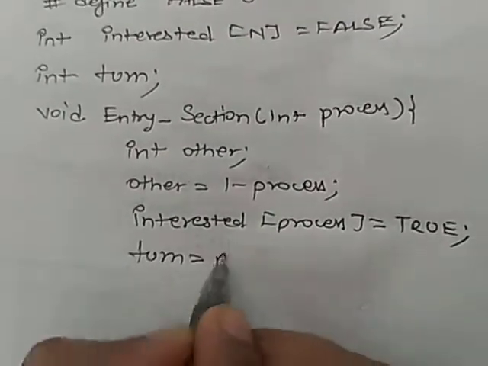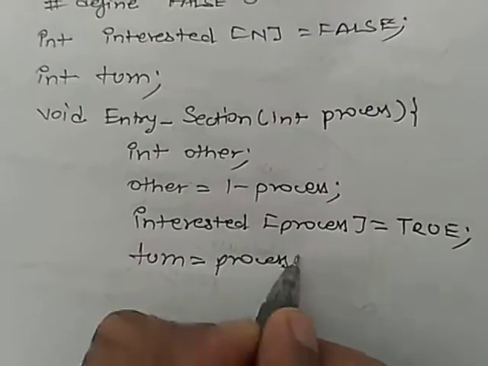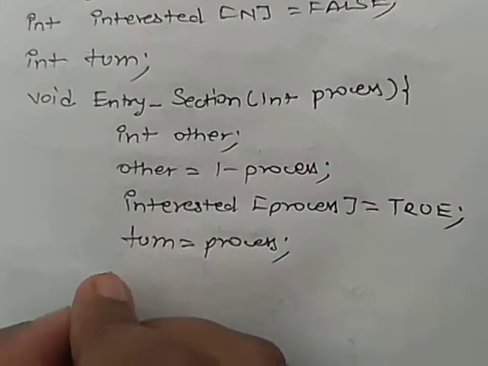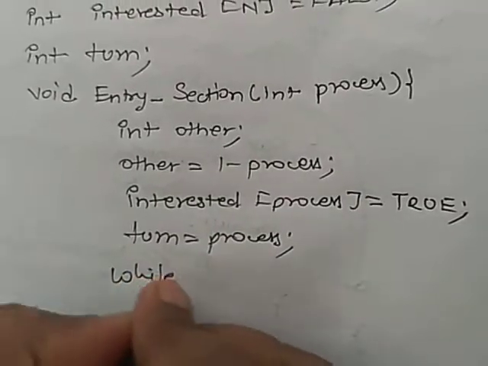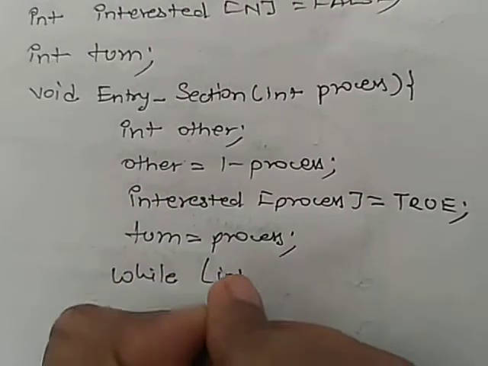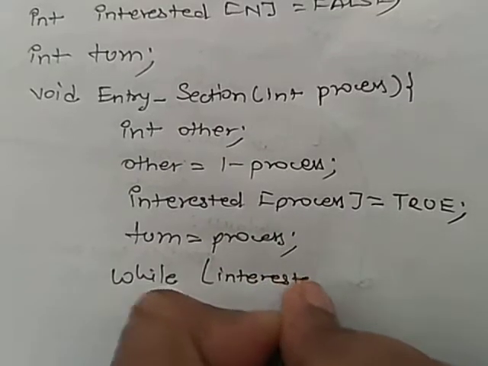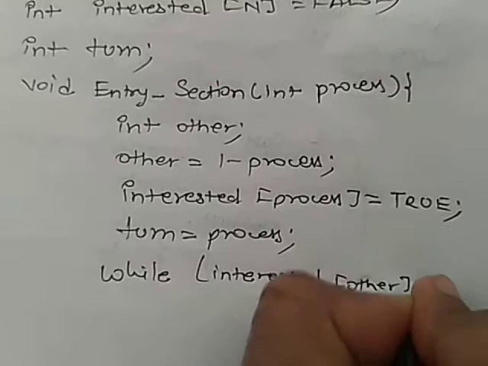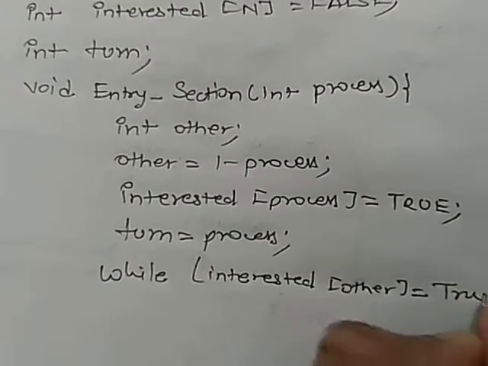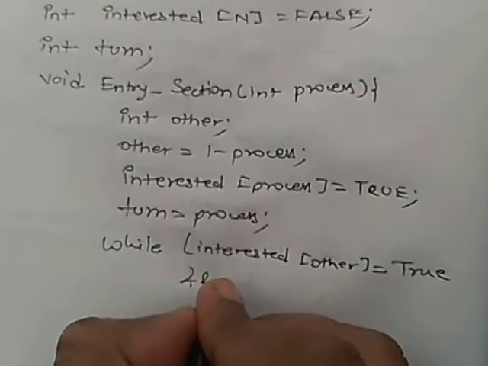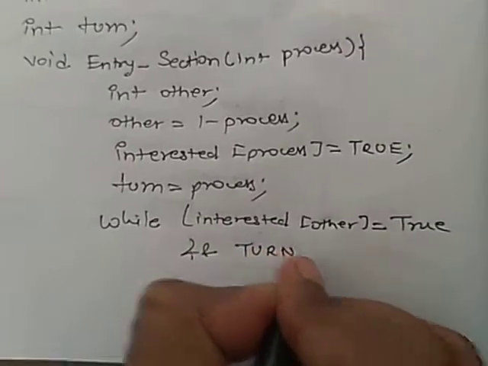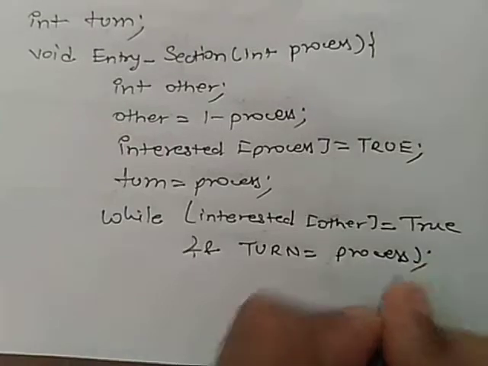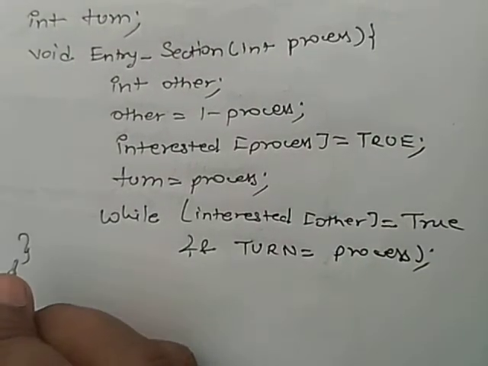Then inside the turn we will get the other process, and the condition is given by while interested[other] is equal to true and turn is equal to process. Then close this function.